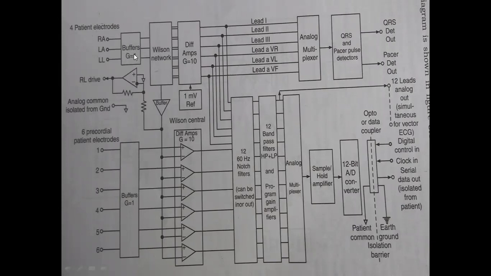The buffer's main purpose is to provide high input impedance and low output impedance, so it isolates between two systems. Here it is a differential amplifier with a gain of 10. So this arrangement is a differential amplifier, and its gain is 10. Here the gain is 1.